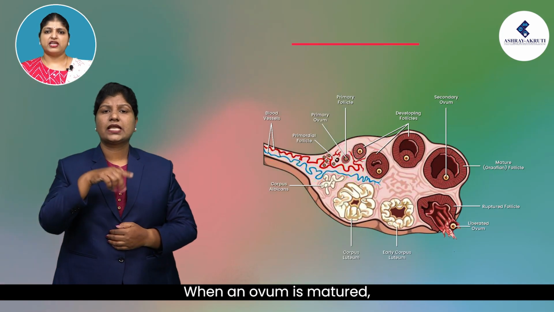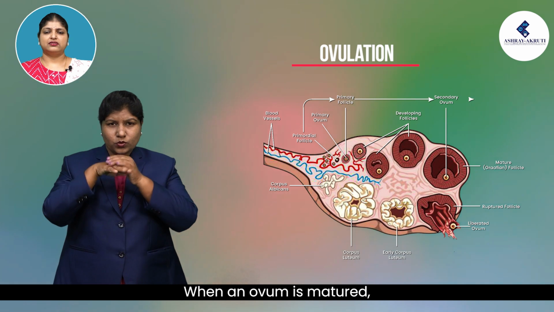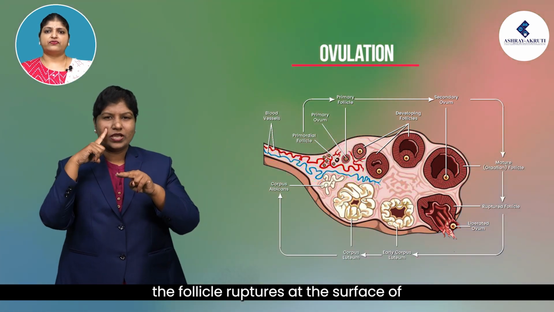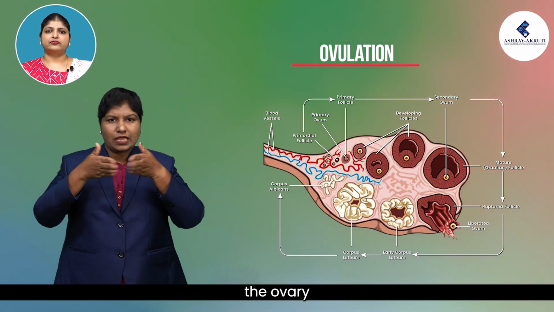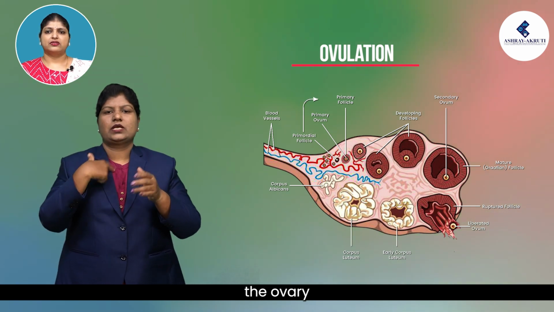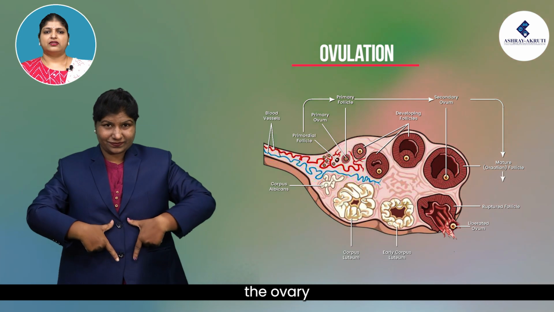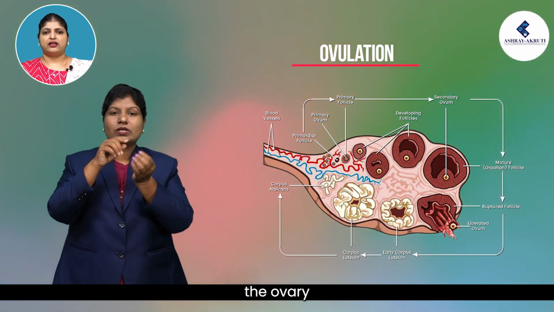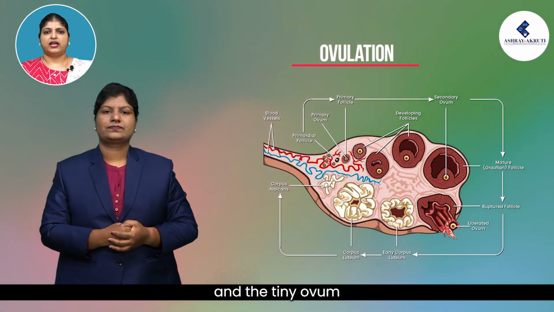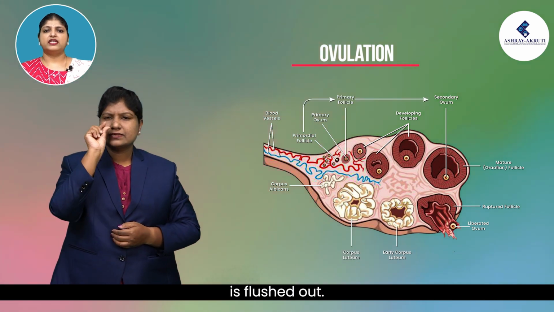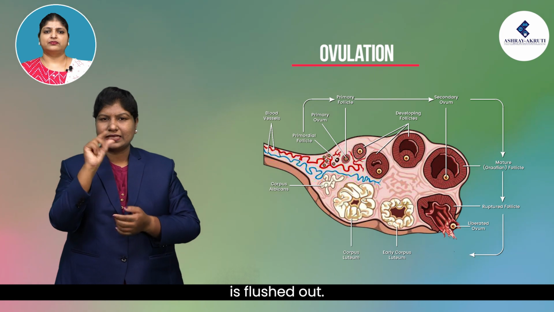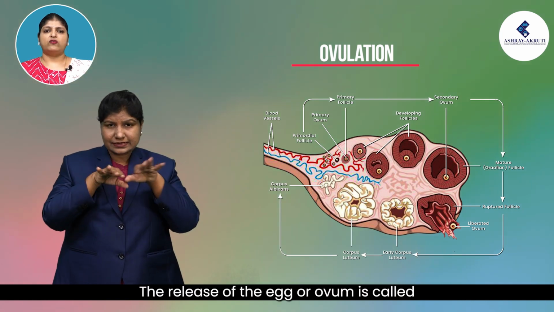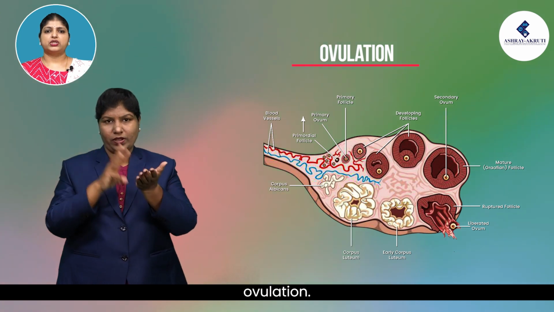When an ovum is matured, the follicle ruptures at the surface of the ovary and the tiny ovum is flushed out. The release of the egg or ovum is called ovulation.